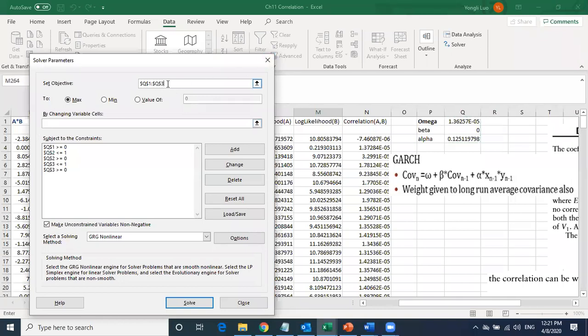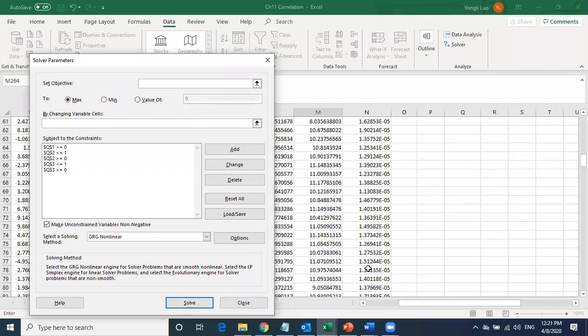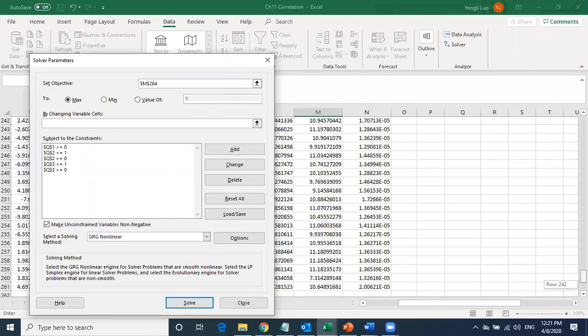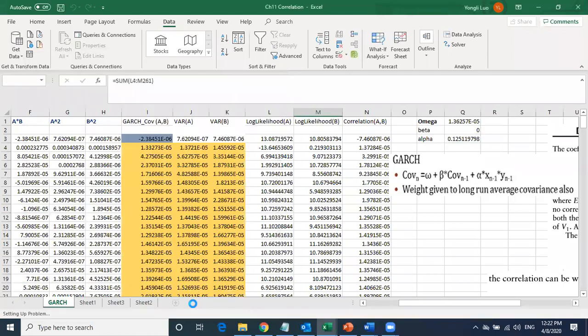I set this, some square of this, maximize by changing that value, and then you solve.